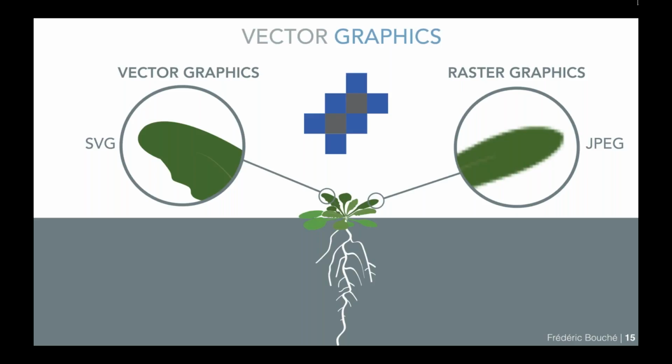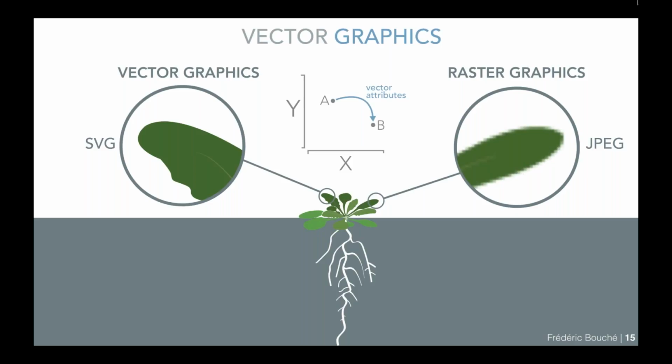Now, if you look at vector graphics, it's a bit different. Vector graphics are made of vectors. For each shape, you have a lot of different points. Here, we just take point A and point B, and they have a coordinate on the X and the Y axis, both for point A and point B. And then there is a path between these two points, which is here the blue arrow.